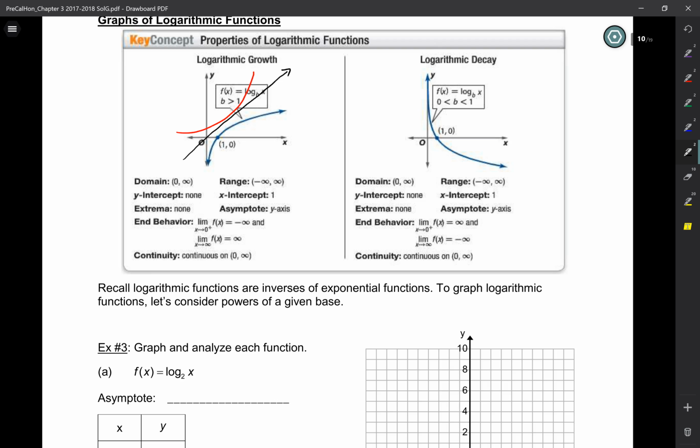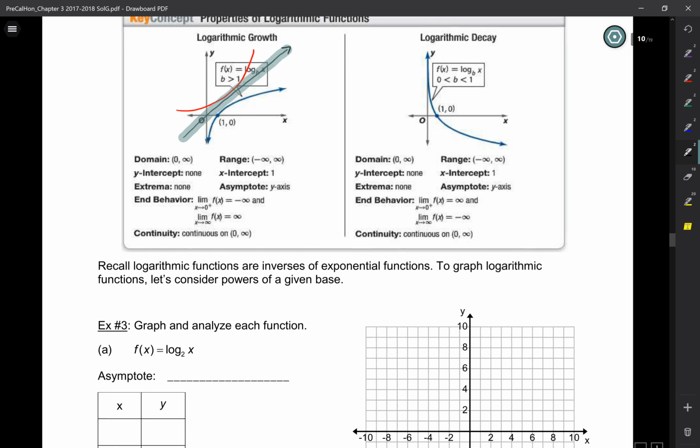How do you find the inverse of a function? What's the first step? You interchange what and what? You interchange x and y. And when we interchange x and y, what happens to the domain and range between inverse functions? They switch. Okay? So, let's remind ourselves. This is why I stressed that stuff before, right?